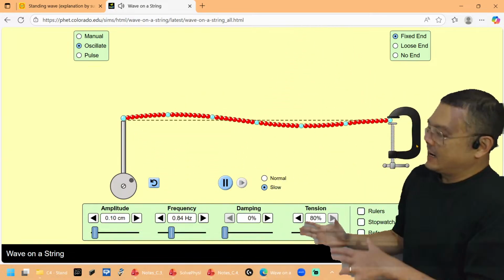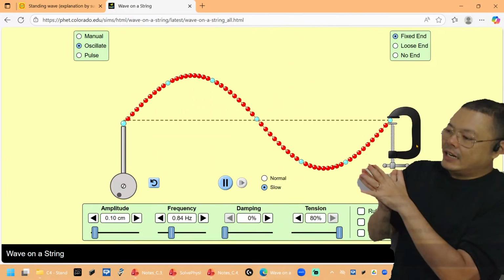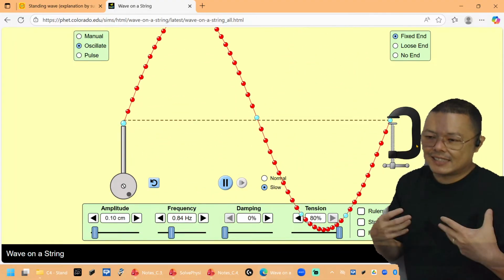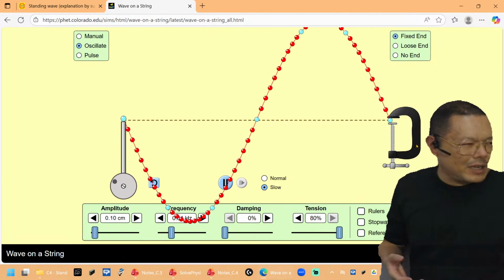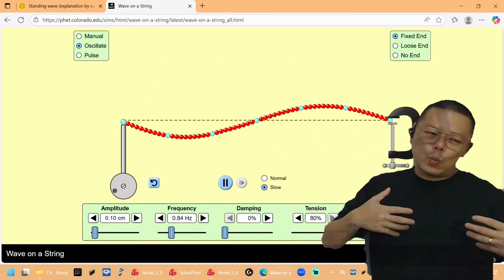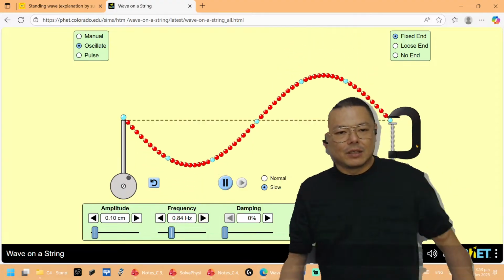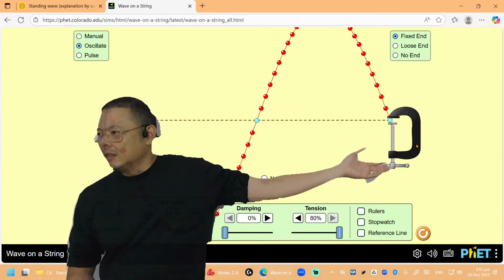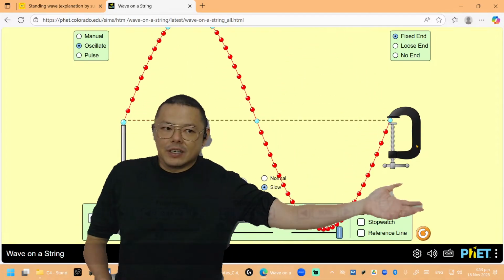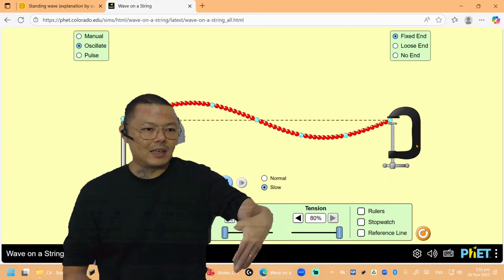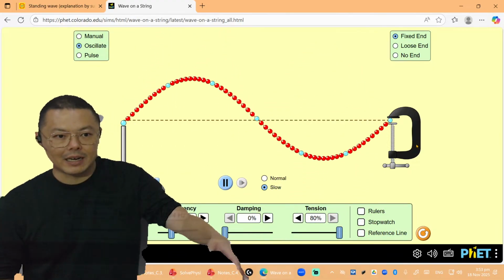One more thing I need you to remember is this. What's so special about having a standing wave? What's the whole point of having a standing wave? So what if it's a standing wave? It was a big deal back in the Victorian age, when they were making instruments, violins and cellos and double bass and all that.